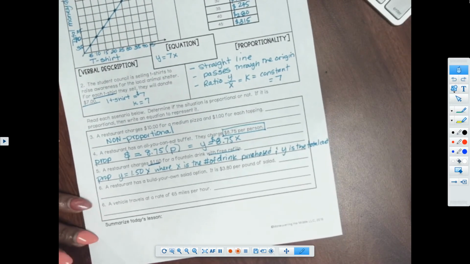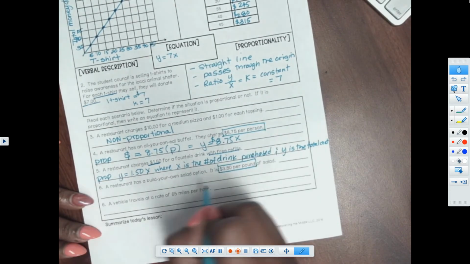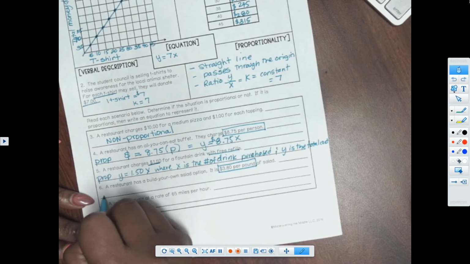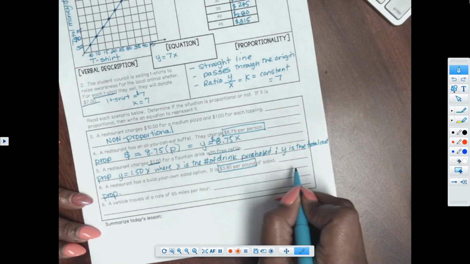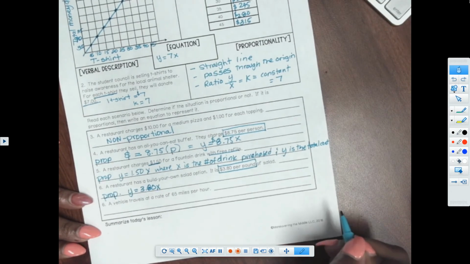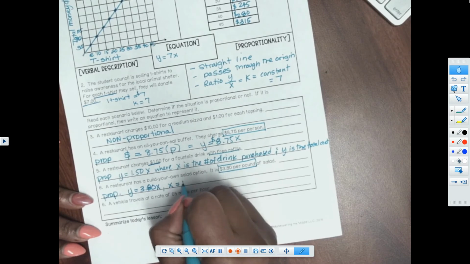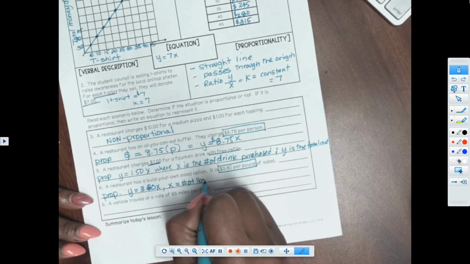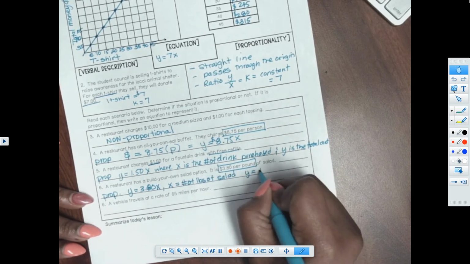The next one says a restaurant has a build your own salad. It charges $3.80 per pound. So here you should pretty much get it. You see that per, okay? That lets you know that we should have a constant of proportionality because each drink, or each salad, sorry, is the same amount no matter who buys it. So Y equals $3.80 times X, where X equals the number of pounds of salad and Y equals the total cost.